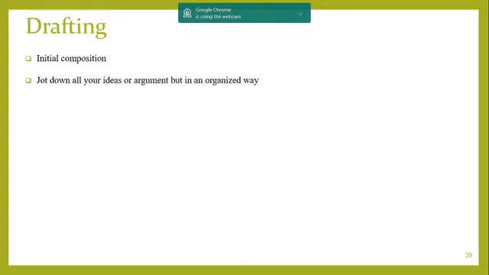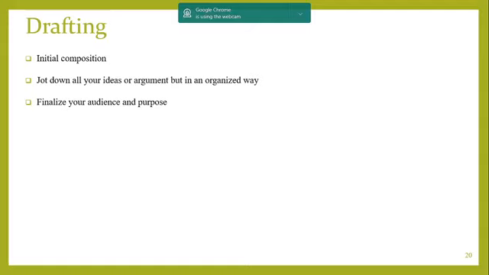It is not the final one. You jot down all your arguments and ideas, but remember they should follow an organized way, because if you miss the organization, the reader will not get your ideas. So always, when you are drafting, try to make it organized.